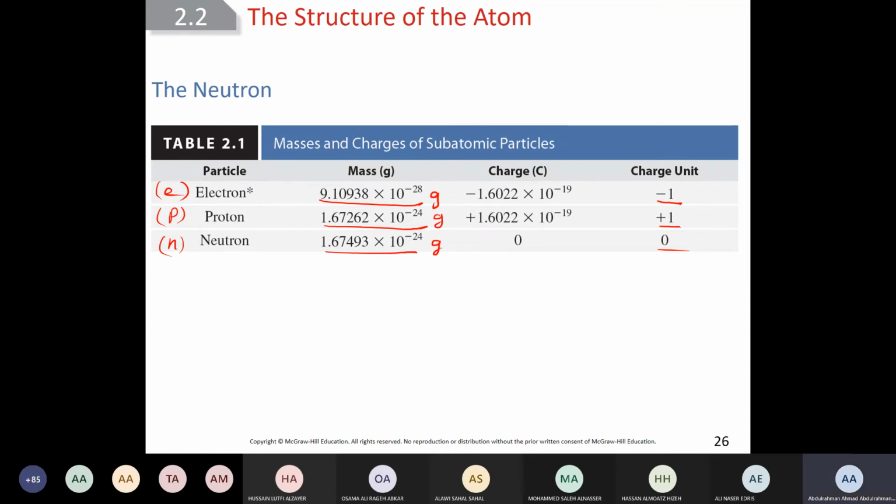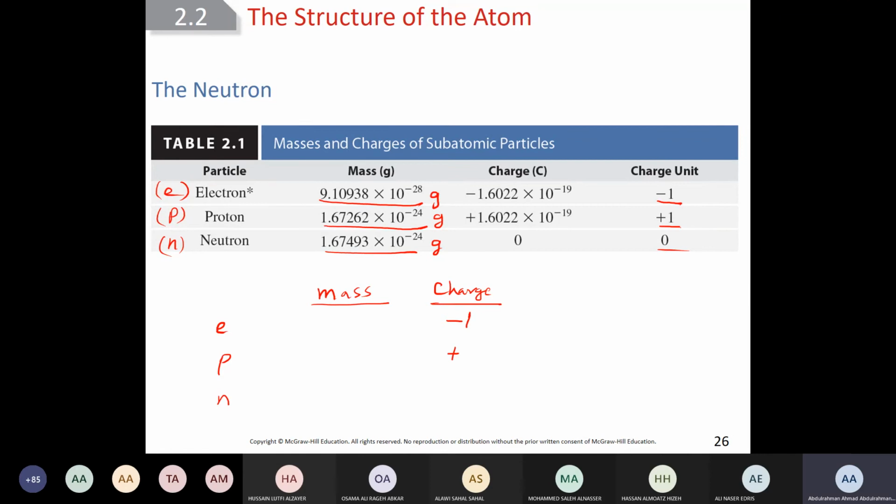All right, now I will make another table. I will write E, P, and N, and I will write the mass and the charge. We know the charge for electron is what? Minus 1. Proton?